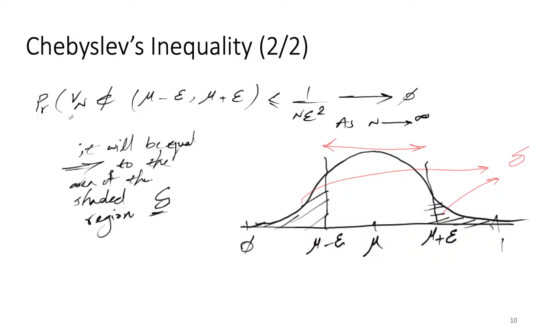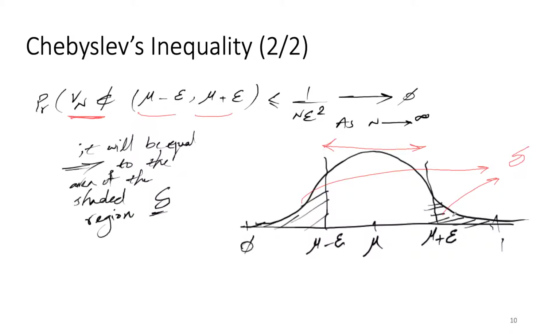So the probability of this will be equal to the area of the shaded region, right? So the area defined by delta here is going to be equal to the probability of Vn outside this window. It means here or there, these two sides.